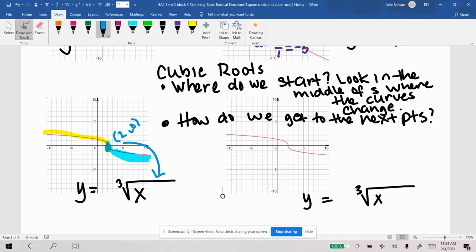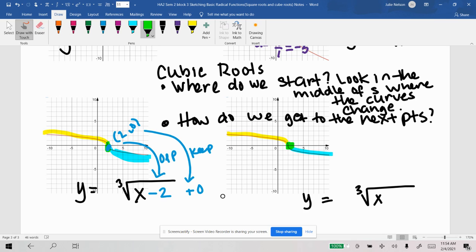So if I do the opposite of the inside, I get -2. And if I keep the outside, I get 0. So again, follow the curve. If I were to follow the curve, looking for where it changes before it goes the other direction, it kind of changes right here.